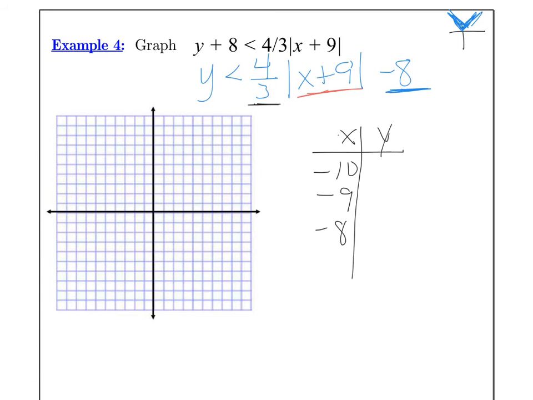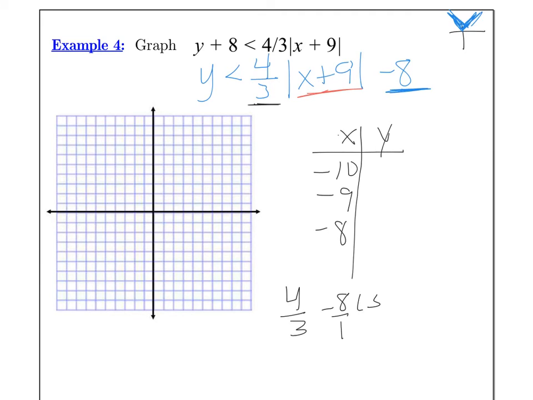So let's see what this gives us. Negative 10 plus 9 is negative 1. Absolute value of negative 1 is 1. 1 times 4/3 is 4/3. 4/3 minus 8. So what I need to think of is I am taking 1 1/3 minus 8, or you know what, we could just do the fractions since we all love fractions so much. 4/3 minus 8 over 1. So I need to get a common denominator.